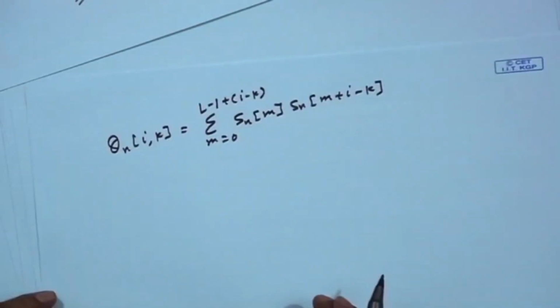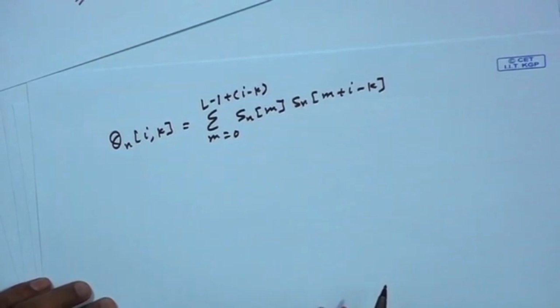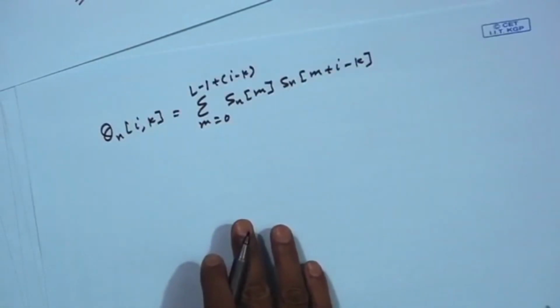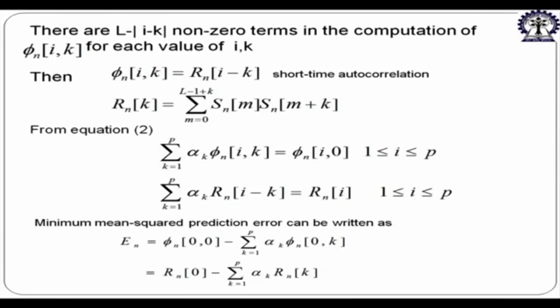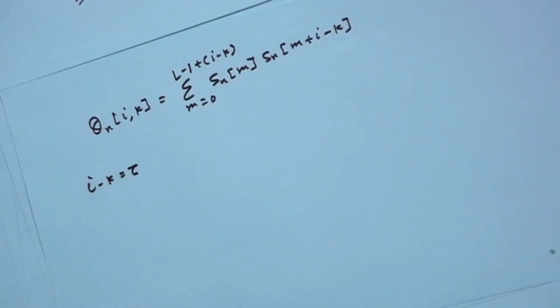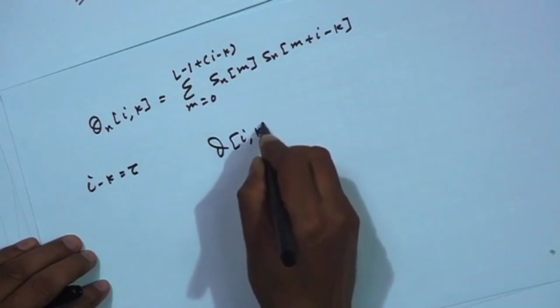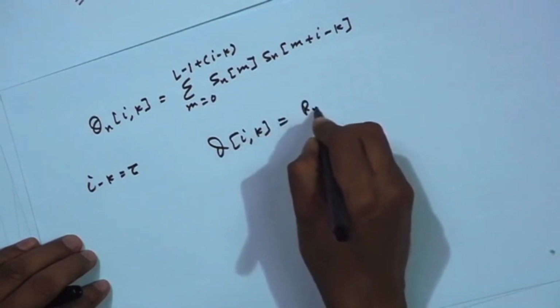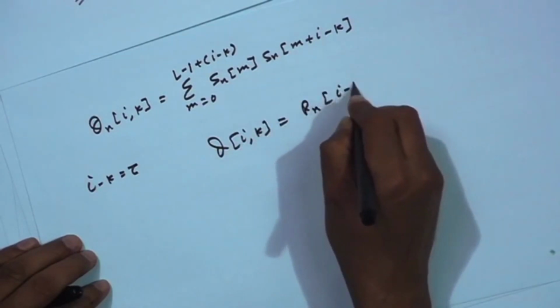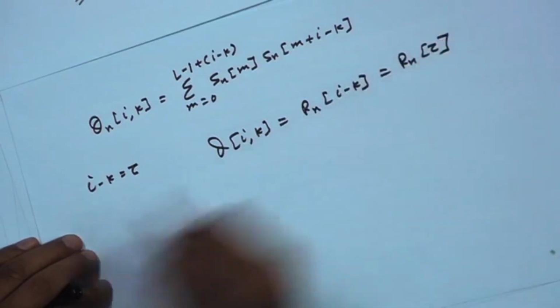Now, if I say i minus k is equal to tau, let us say tau samples of time, then phi i k is nothing but R n of i minus k, which is R n tau.